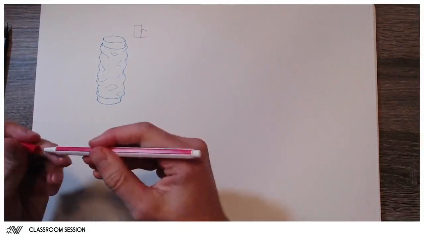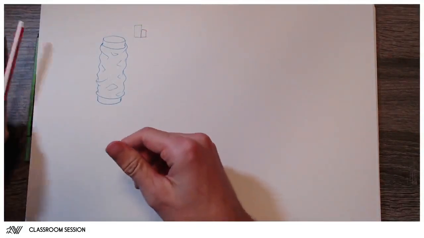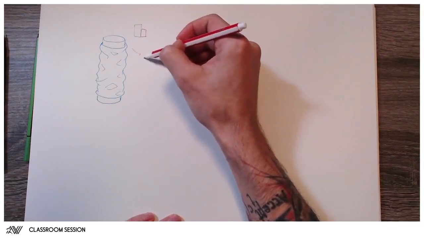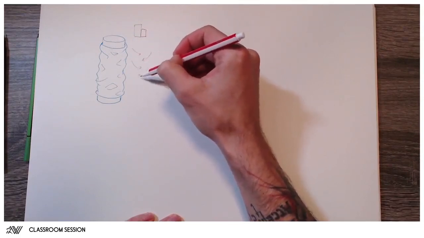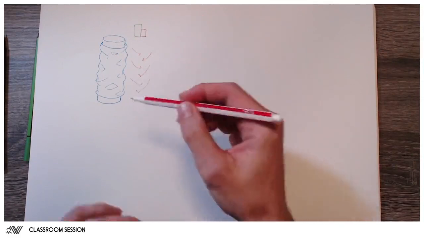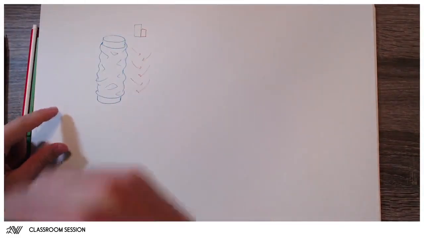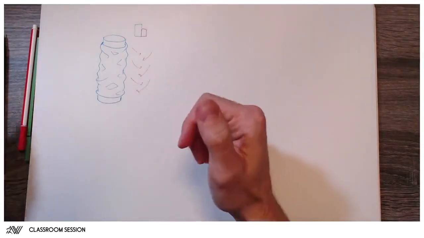But those tension points are zigzagging off of each other. That's why it's called a zigzag fold. And that's what you can physically see happening when you look at a fold like this.